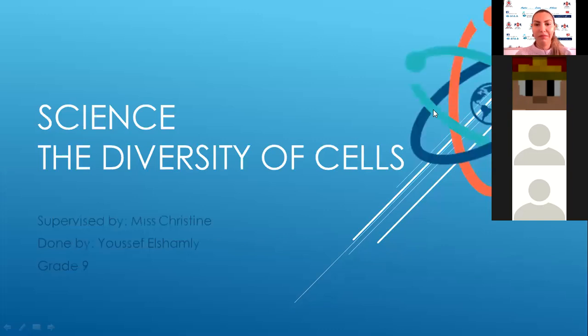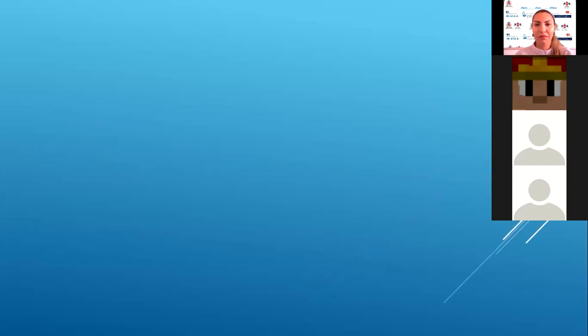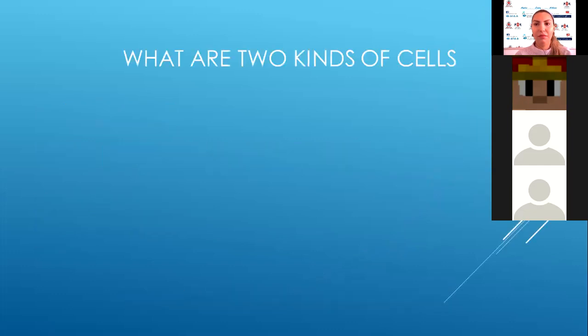So, today we're going to explain the lesson about the diversity of cells, which explains 2 kinds of cells, which are prokaryotic and eukaryotic cells.